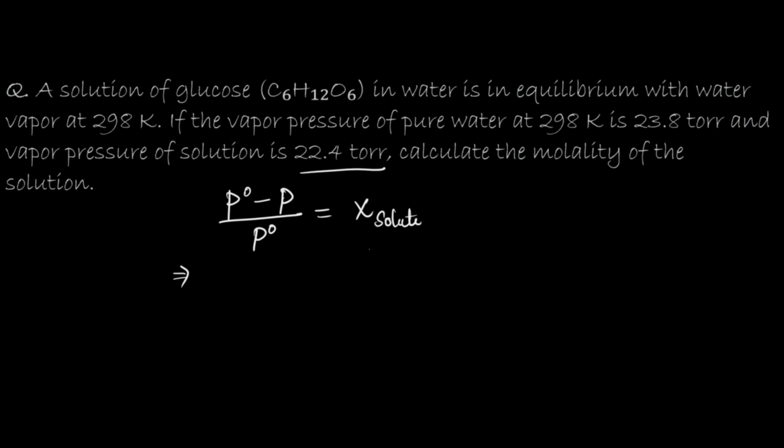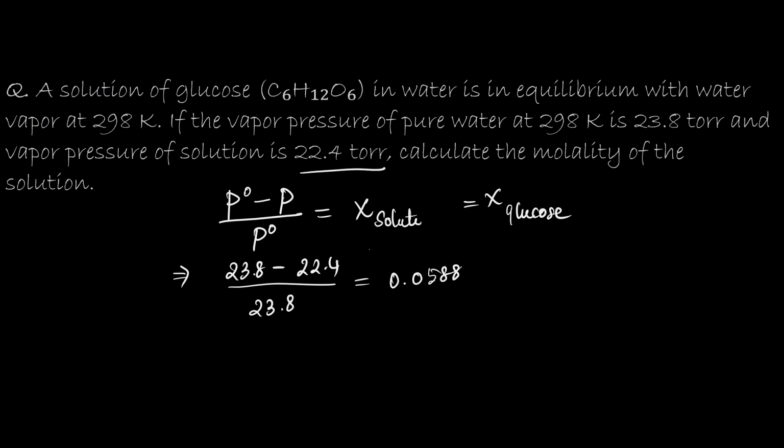So for example, I am substituting the values over here. P0, that is pure water, is 23.8, and P is 22.4, divided by 23.8, which comes out to be the chi of solute, that is the mole fraction of glucose, which will be 0.0588, right?